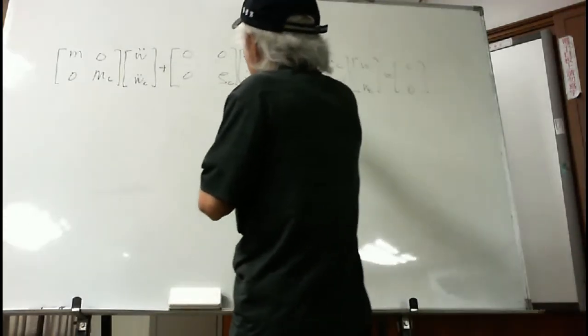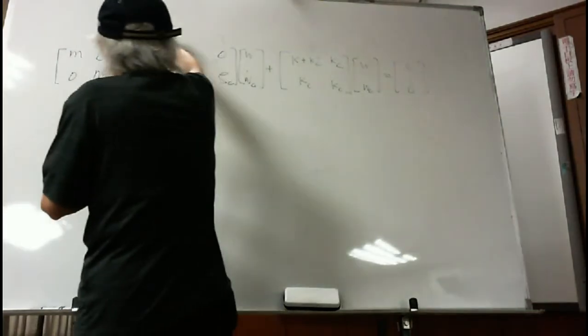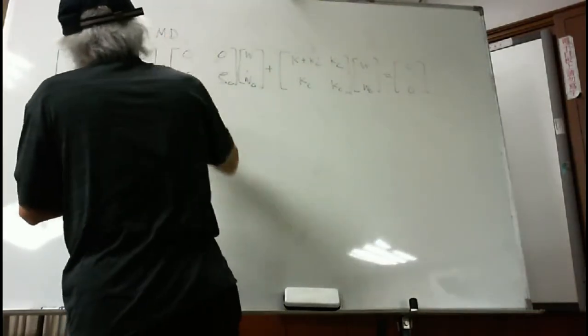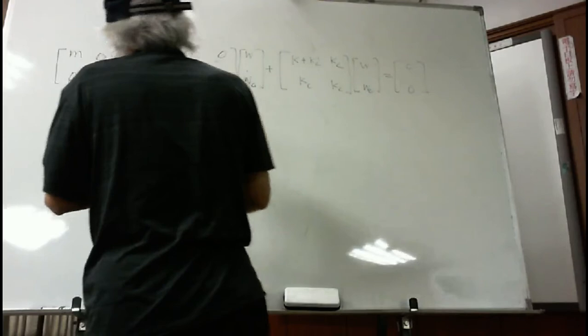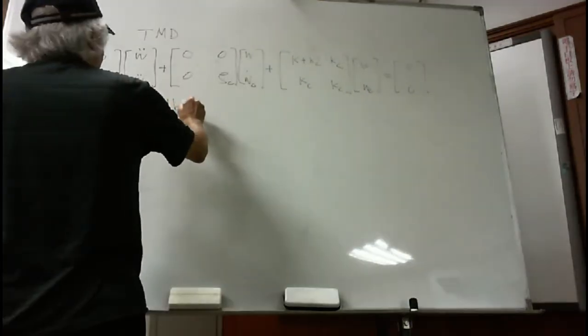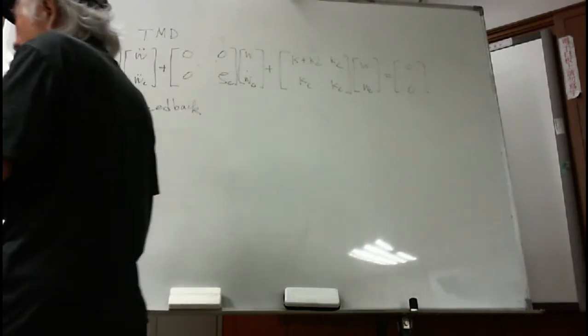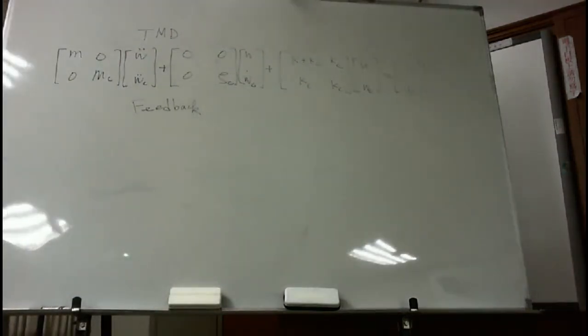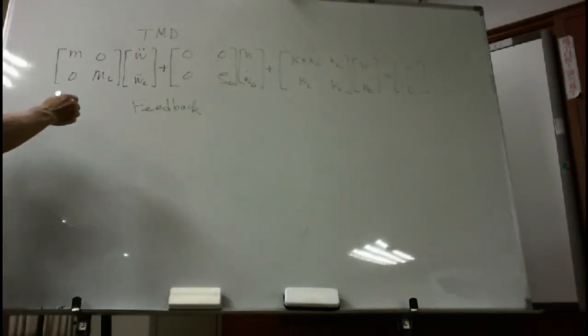So this is my TMD. And how can I change the TMD to become feedback? All right, that's my feedback. Then how can I do that? It's easy to do that.